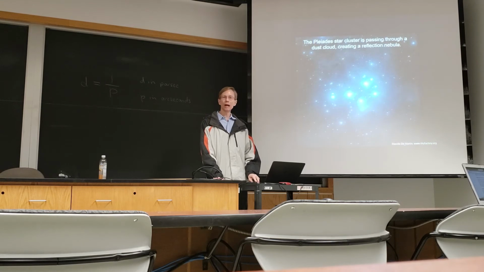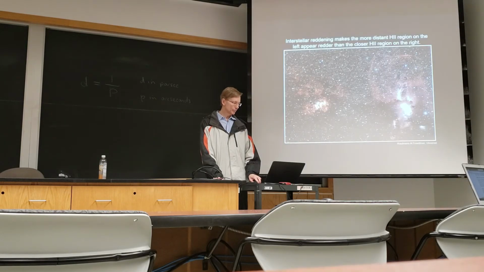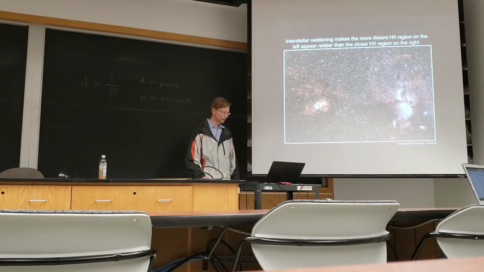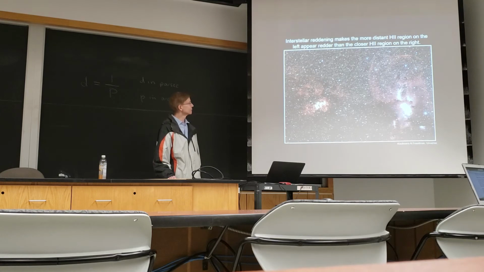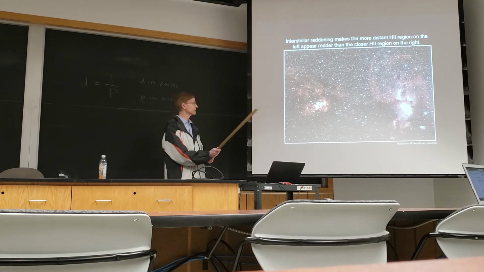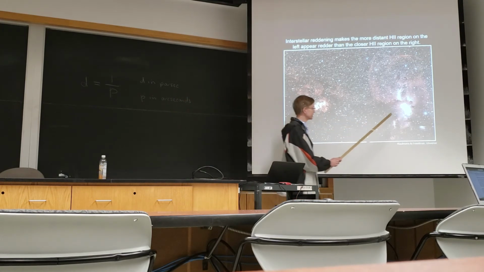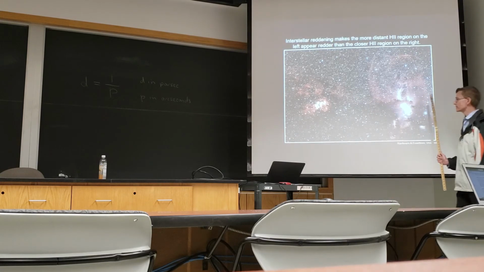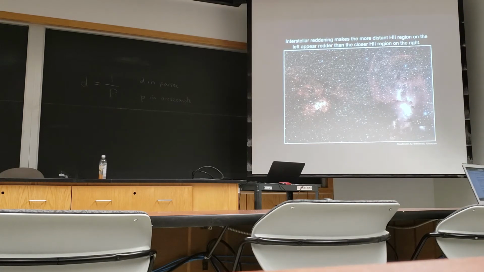If you have a star way, way off in the background, you're not going to see the dust itself. What you'll see is the star itself just looks redder. We had a picture here that illustrates the idea of interstellar reddening, where here are two H2 regions, two star-forming regions, and an H2 region without the effect of interstellar reddening looks pink because it glows primarily in the Balmer series spectral lines of hydrogen.